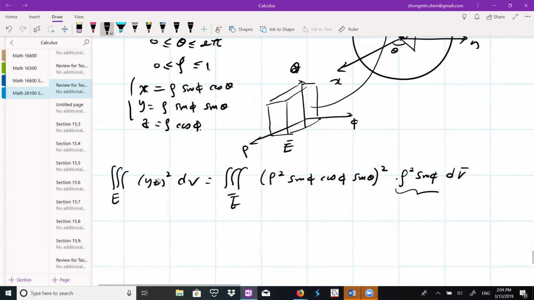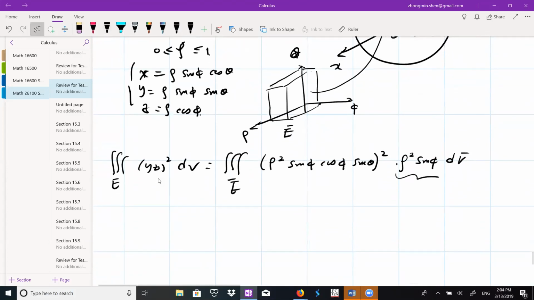So what is the next step? The next step is to evaluate this triple integral using an iterated integral, because right now the region is nice, it's a box.